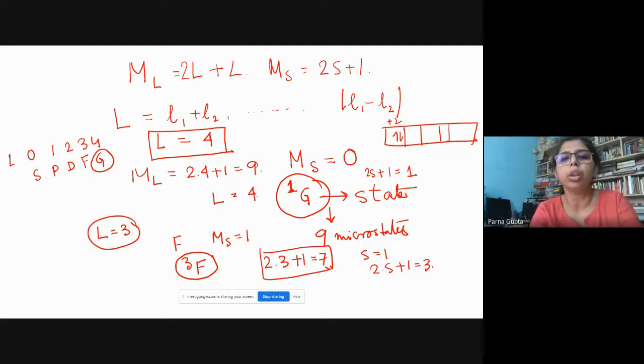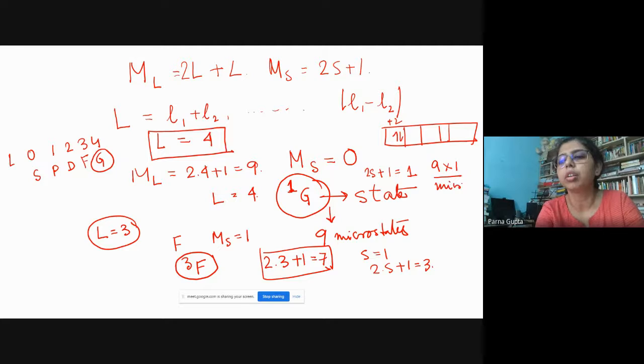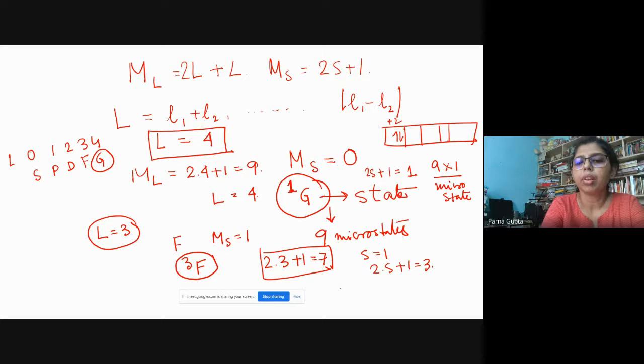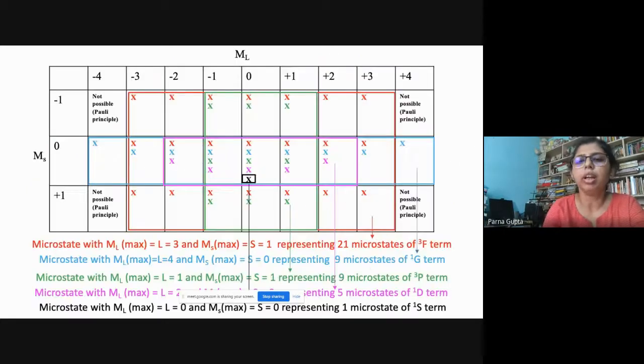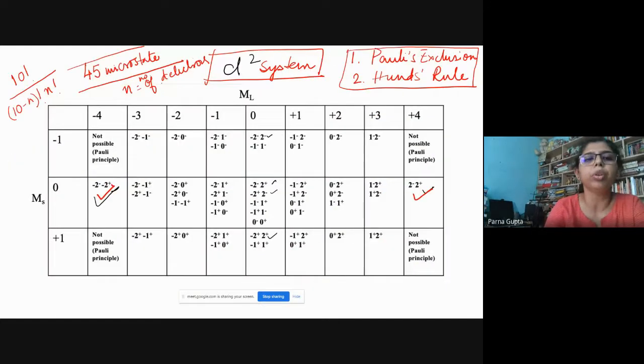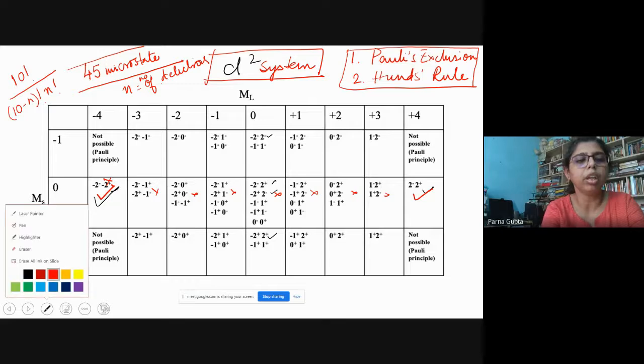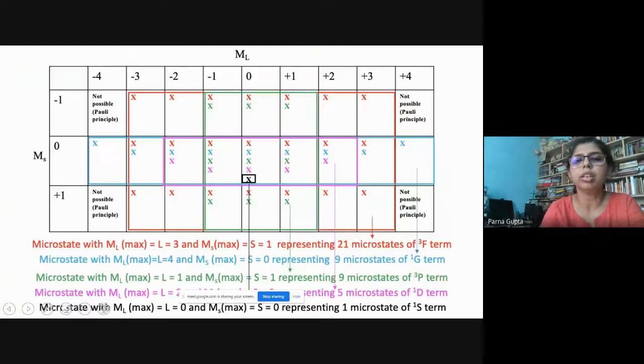So here you would have 9 into 1 microstate, and here you will take 7 into 3 microstate. So here you can do it like that. You just cross one of these. That you have to take now with 21. You can see this is the 21.